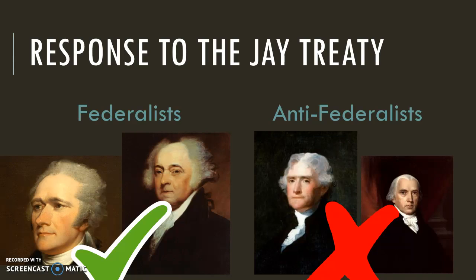The anti-federalists, keep in mind, are people who are concerned about the size of the federal government. They want more power in the hands of individual states and a reduced size in federal government. So a big trade deal like this, for an anti-federalist, seems like the government getting too involved.